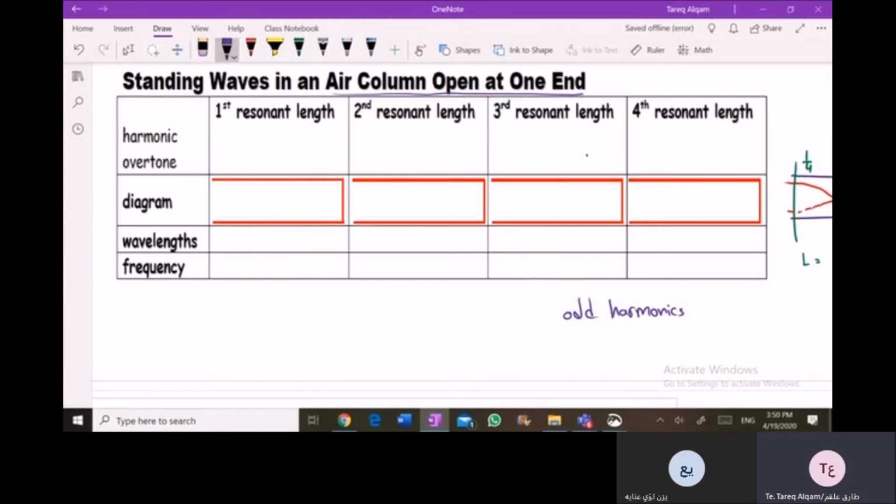Guys, these are important if you are asked to draw this. Pay attention. This is the first harmonic. How many nodes must be here? 1 node, right? As we mentioned before, at the closed end we have a node, and at the open end we have an antinode. So we have only 1 node here, and I may draw the wave in this way.